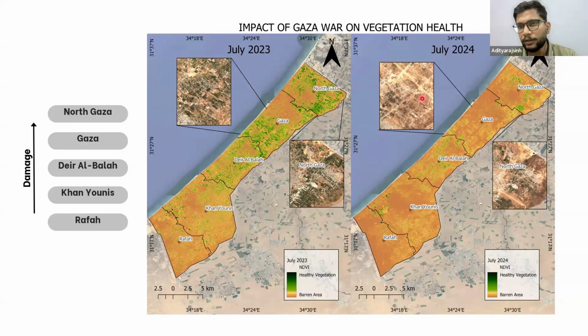But in the July 2024 image, you can clearly see that the vegetation has gone from very good, booming agriculture to farms that are totally damaged, and the soil might be degraded. Most of the significant damage was in North Gaza and the Gaza region, and then Deir al-Balah, Khan Yunis and the Rafah region.